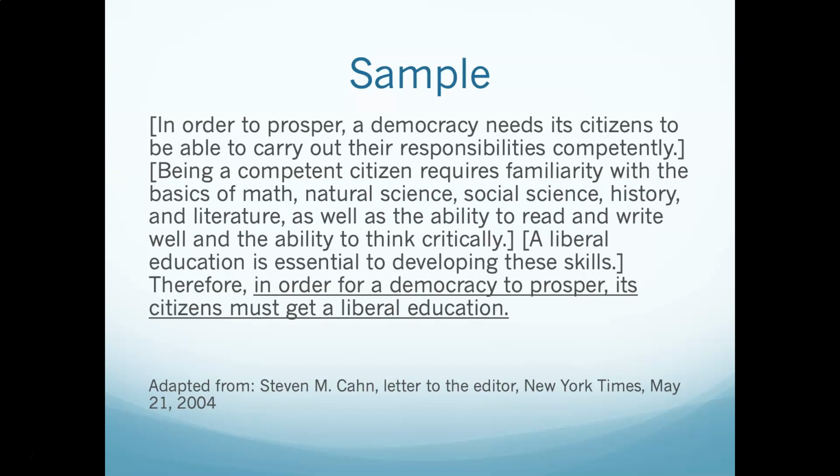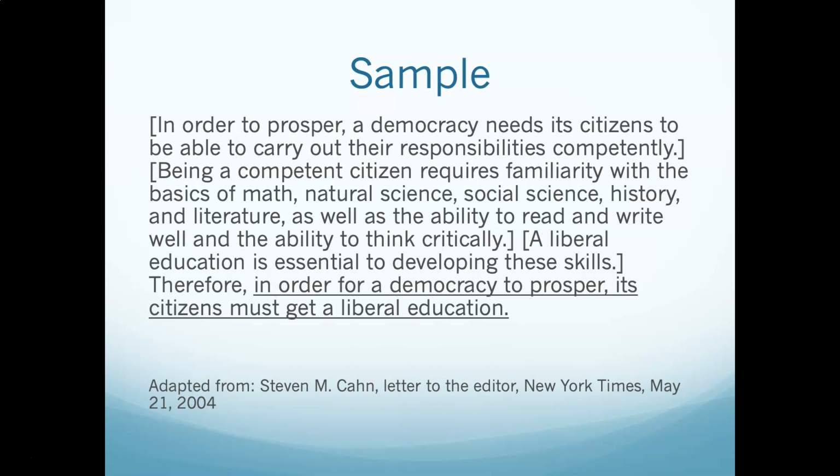The second premise: being a competent citizen requires familiarity with the basics of math, natural science, social science, history, and literature, as well as the ability to read and write well, and the ability to think critically. And then the final premise, a liberal education is essential to developing these skills. And so then we see the conclusion. Therefore, in order for a democracy to prosper, its citizens must get a liberal education.